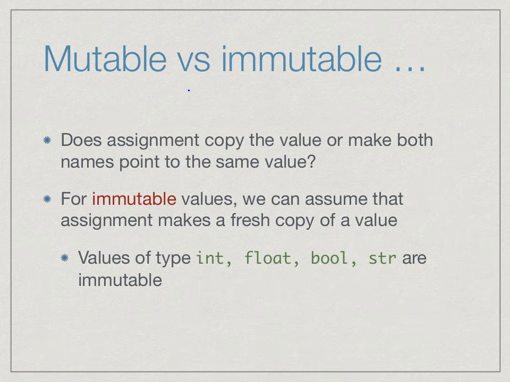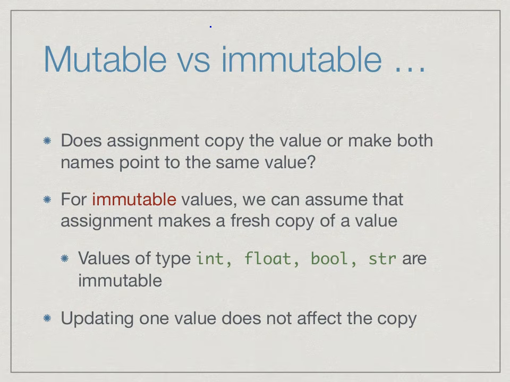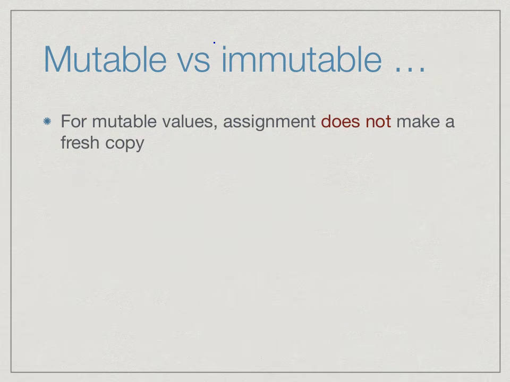So this applies to all the types we have seen before today's lecture, namely int, float, bool, and string. These are all immutable. So if we do the kind of assignment we did before, where we assign something to x, then make y the same value as x, and then update x, y will not change. So updating one value does not affect the copy because we have actually copied the value.